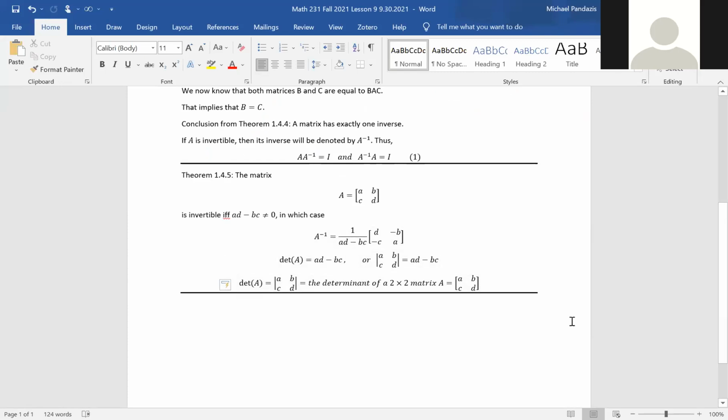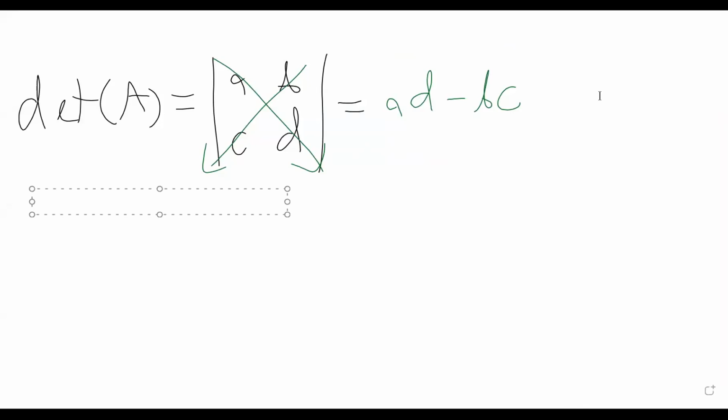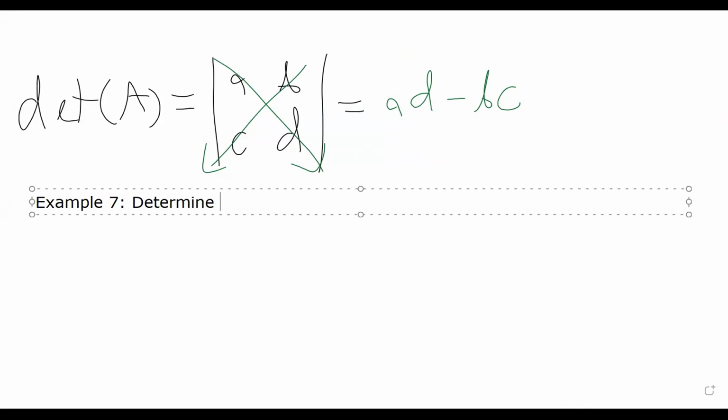So let's stick with the whiteboard and do example 7. Determine whether A is invertible, and if so, find its inverse.